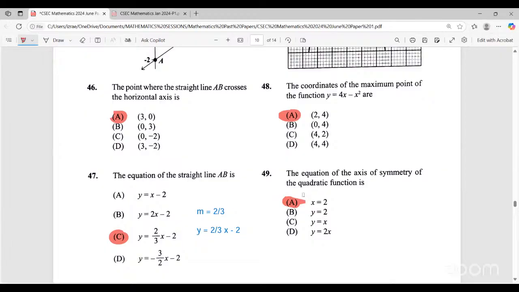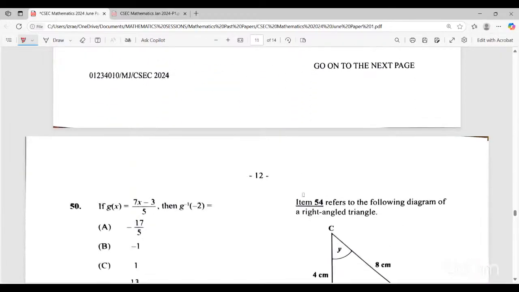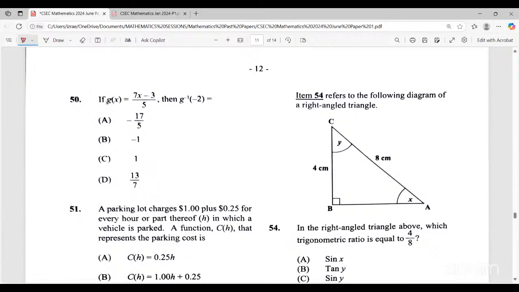50. g of x is (7x minus 3) on 5. What's g inverse of minus 2? Well, I have to find g inverse of x. That's when you let g of x, which is y, make it now x. So x would be, I'm just switching it, we go to what? (7y prime minus 3) divided by 5.